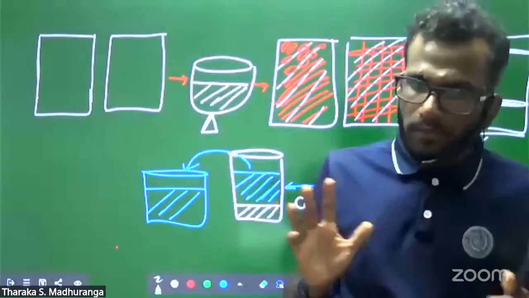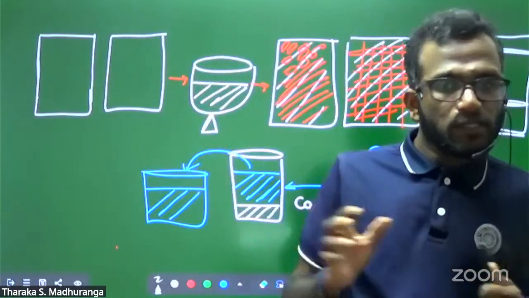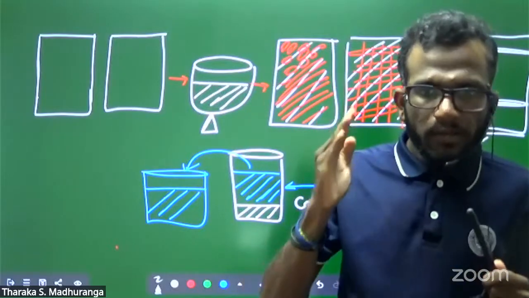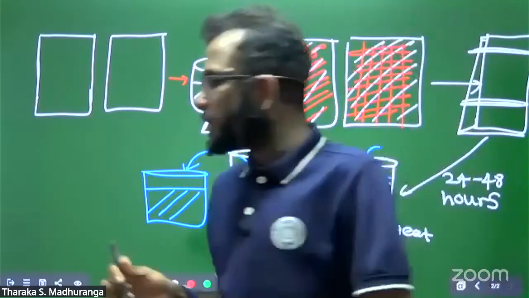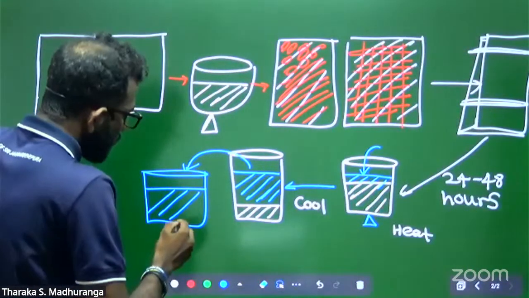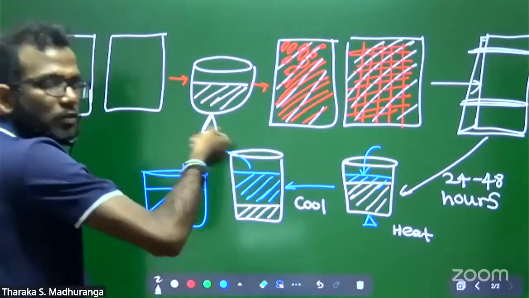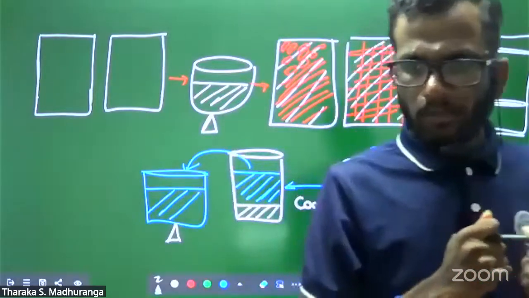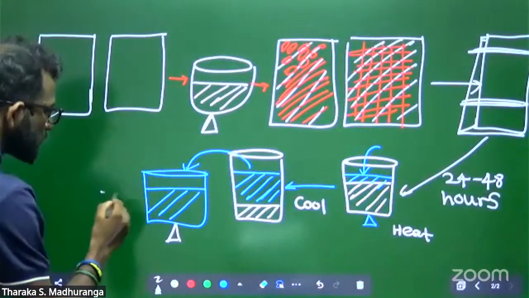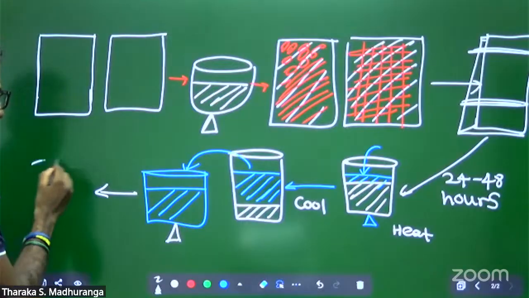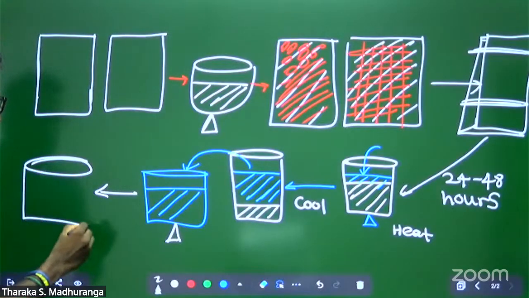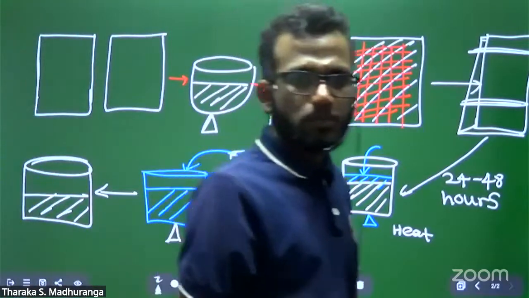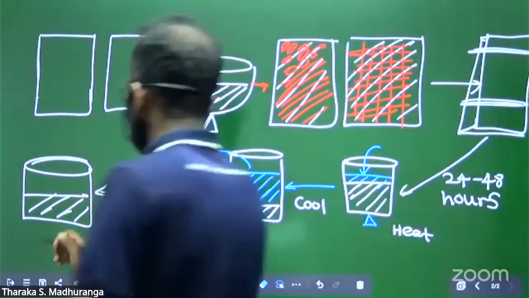You need to carefully control the temperature, and we can heat and remove some part of the ethanol. We can't remove all the ethanol. After removing the ethanol, we can produce the crude product. This is the crude product.